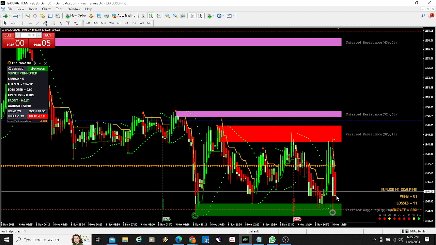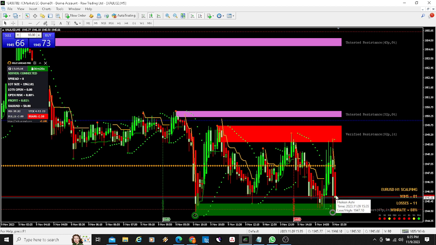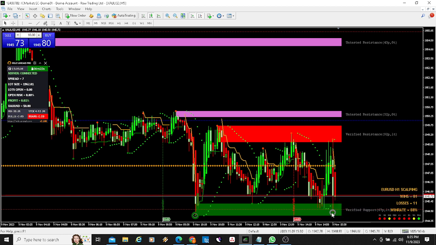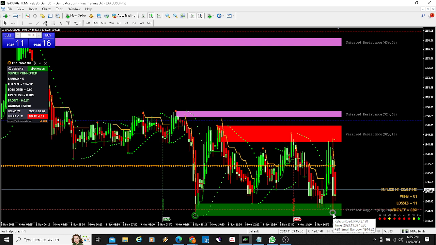So this was the candle closure, and here was our sell position as per the strategy. But again you get a lower low dynamic reversal signal over here. So now you're confused where to go. That's why always avoid trading during news. Sometimes it might go in your favor, but most of the time it will go against you.